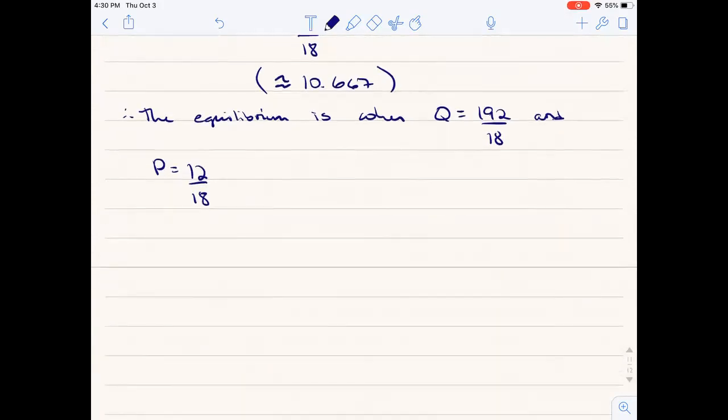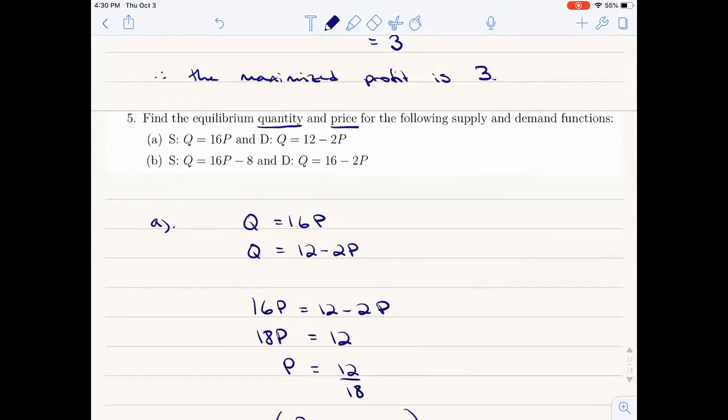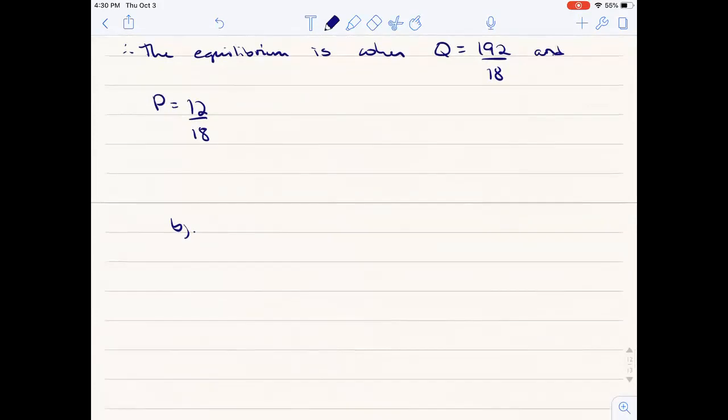How about part B? Part B, if we write out our equations, we have Q is 16p minus 8 and Q is 16 minus 2p. So we've got Q is 16p minus 8 and Q is 16 minus 2p.